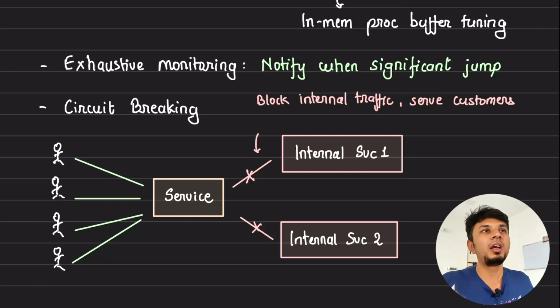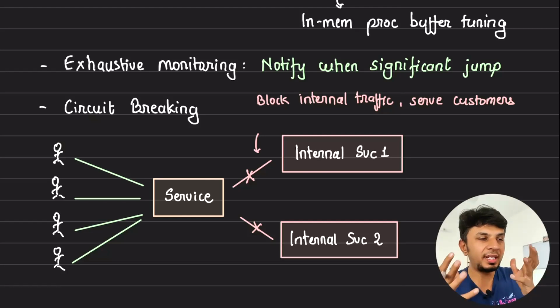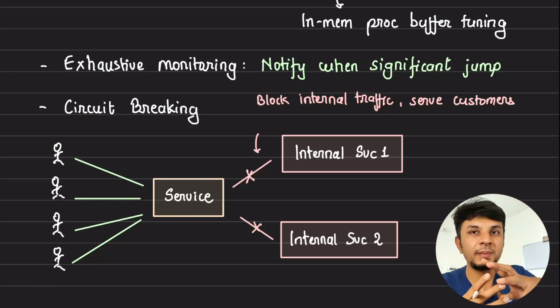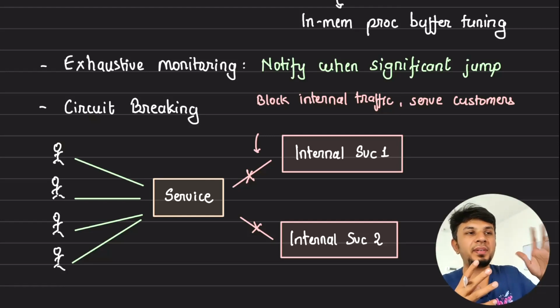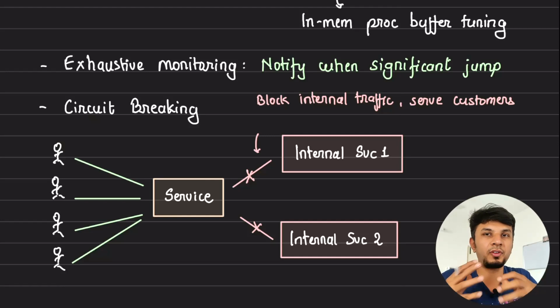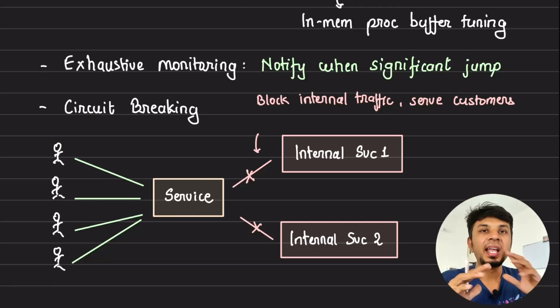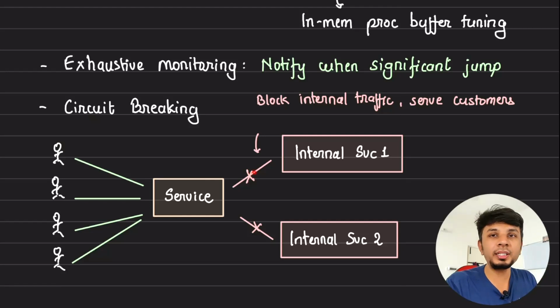Right? So whenever there is this synchronous, inter-service dependency, try to classify which are the critical components that need to serve and which are okay to take a larger hit. Right? And by doing this, what happens?